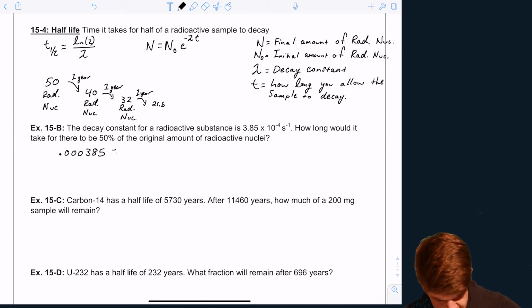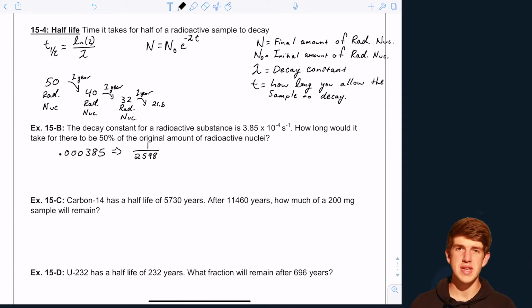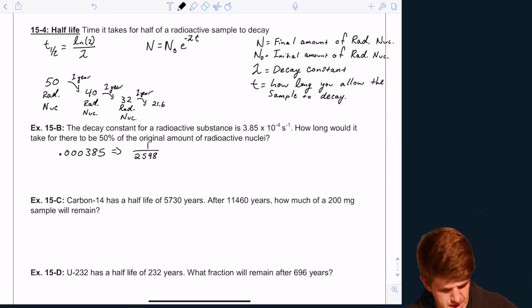And so this means that if I have 2,598 nuclei, 1 decays per second, or that's the proposed probability. The odds are one of the nuclei is going to decay per second. So how long will it take for there to be 50%?